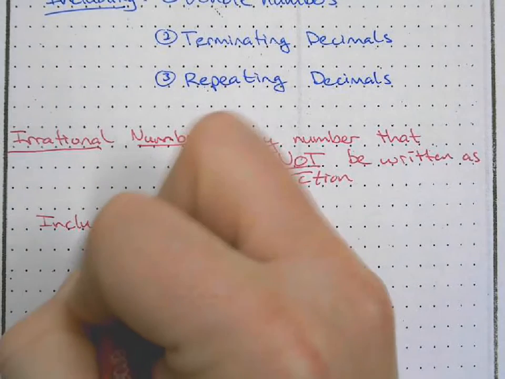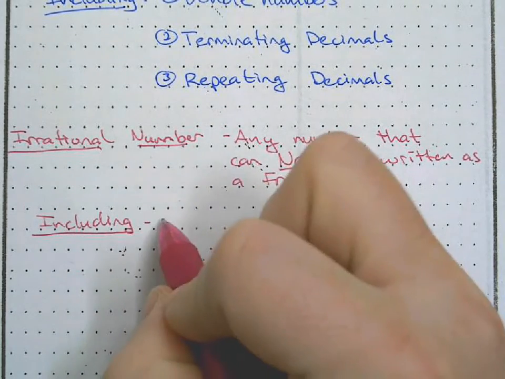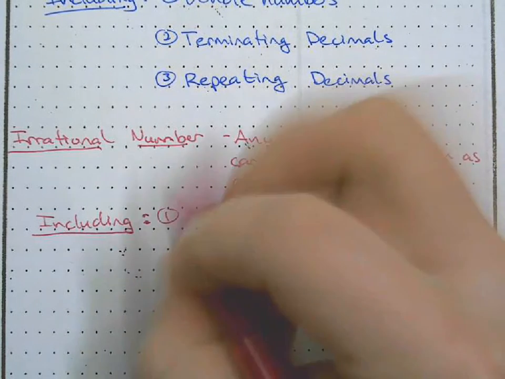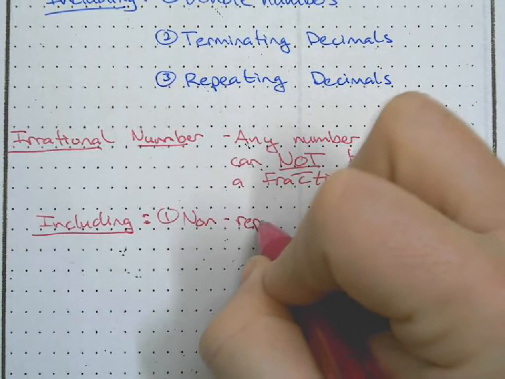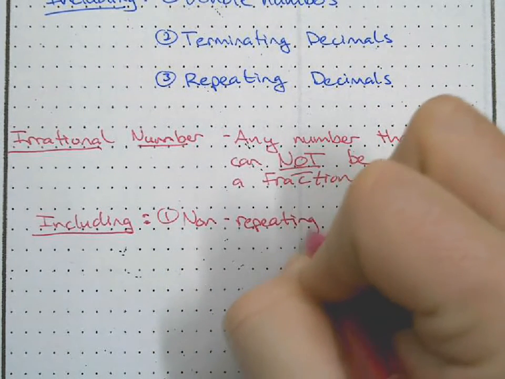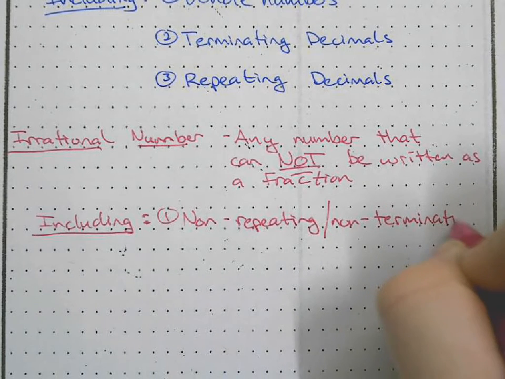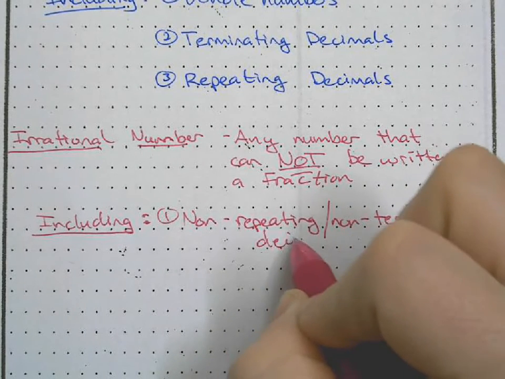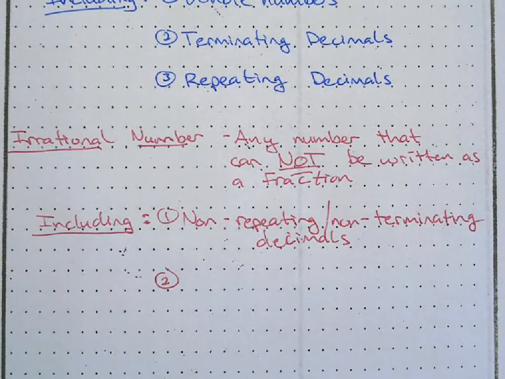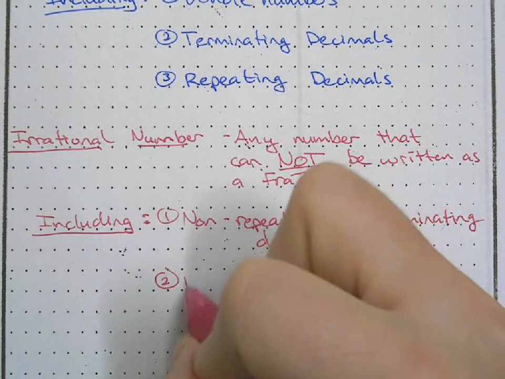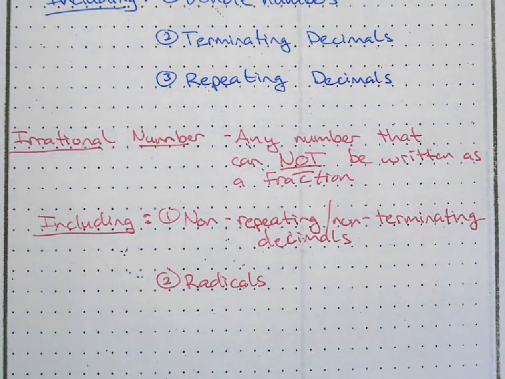Including non-repeating or non-terminating decimals, so we have non-repeating, non-terminating decimals.